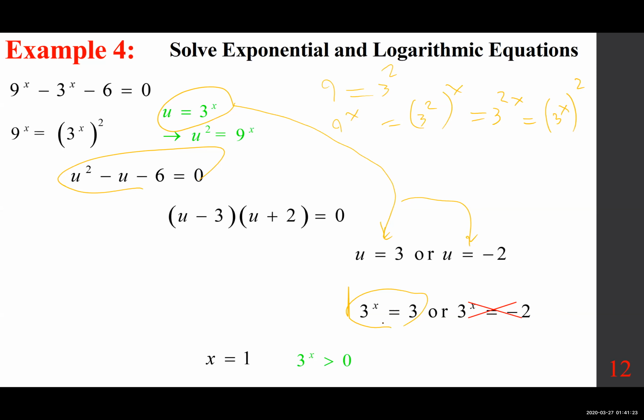As you hopefully remember, the range of exponential functions a to the power of x is from 0 to infinity. Domain is from negative to positive infinity. So it has to be positive. If you have any negative answer, it is out. Sounds good? Are there any questions? We're going to go to the next example, okay?